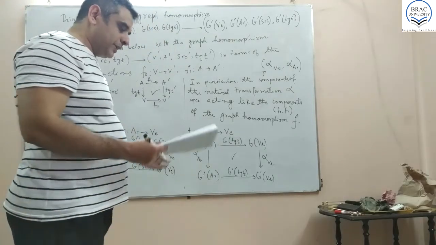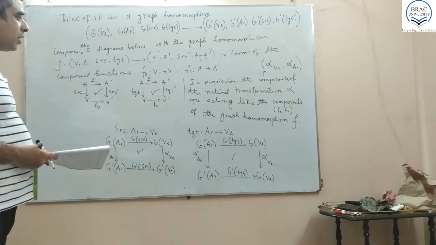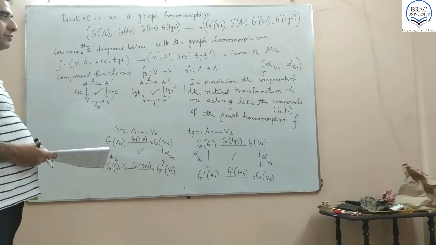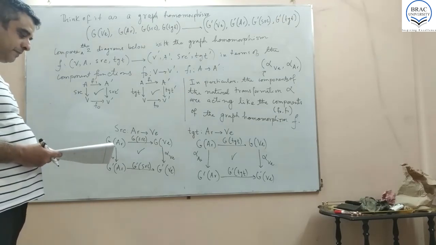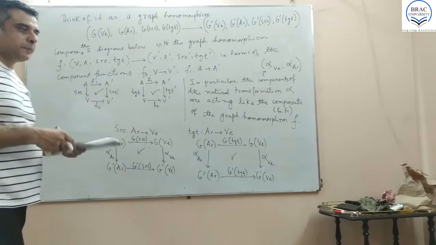Alright, this is pretty much it. Now we see how we can think of a graph homomorphism as a natural transformation between two functors, which are nothing but graphs. Okay? So this ends our 9th lecture here.